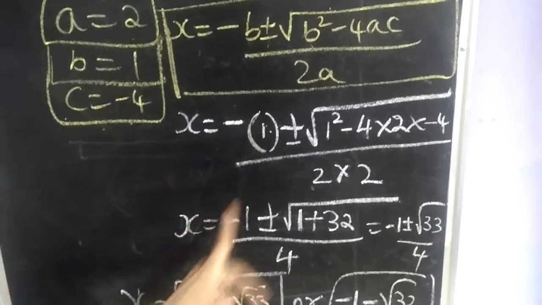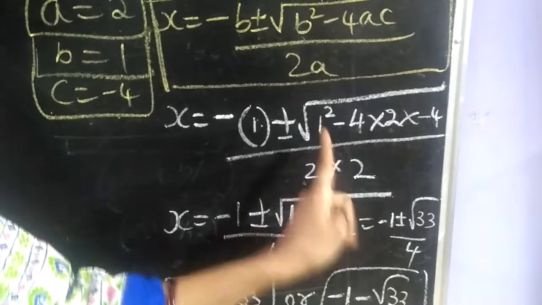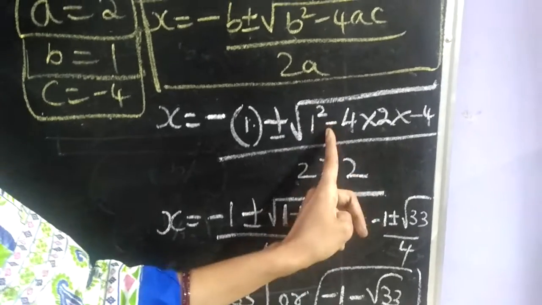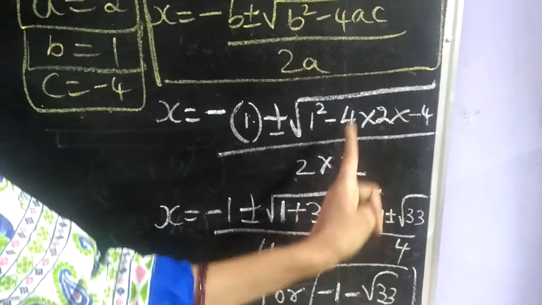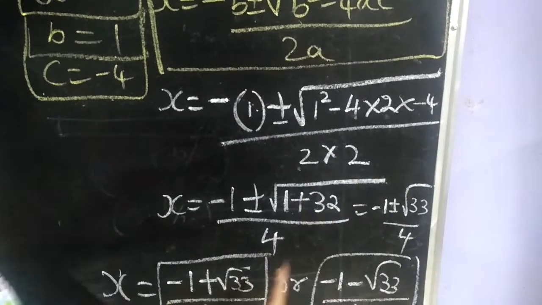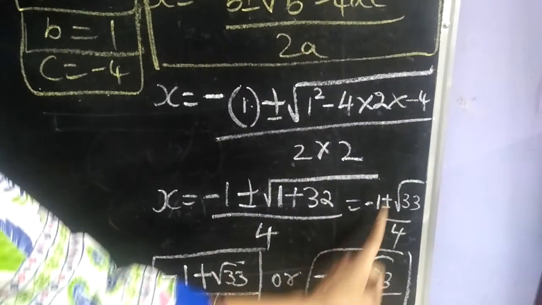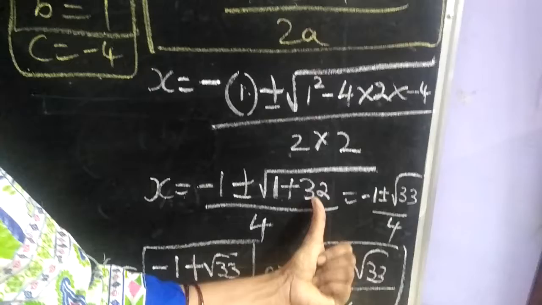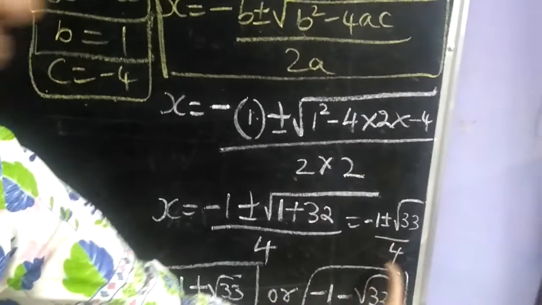So minus 1 plus or minus root of 1 square is 1, minus into minus plus 4 2s are 8, 8 4s are 32 by 2 2s are 4. So minus 1 plus or minus root of 1 plus 32 is 33 divided by 4.